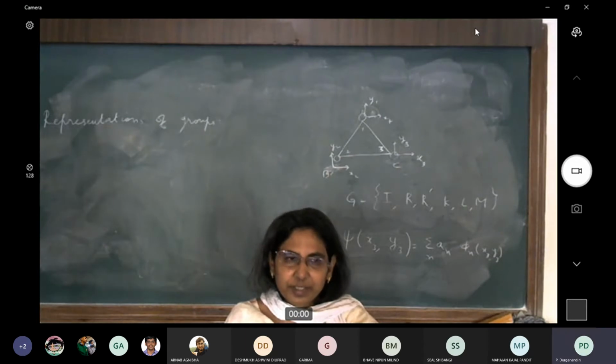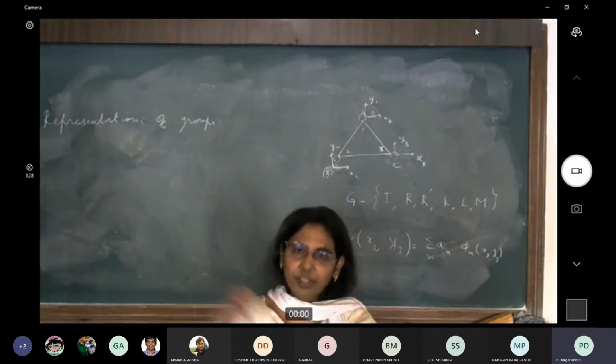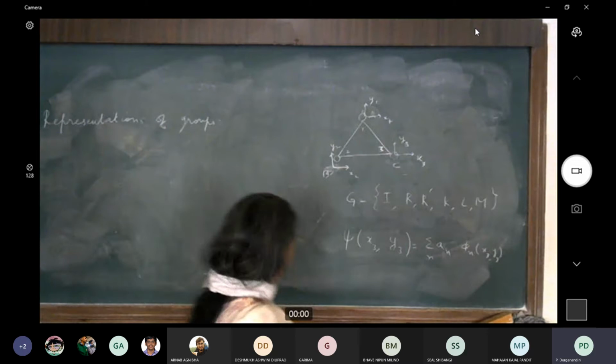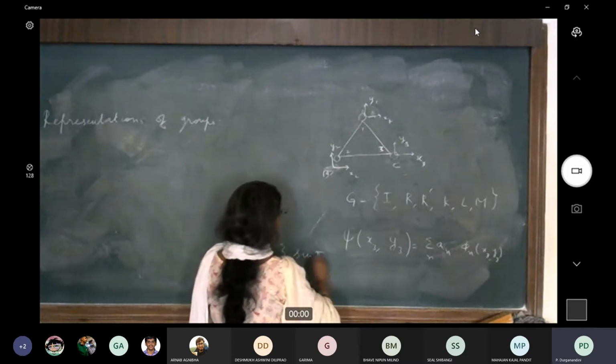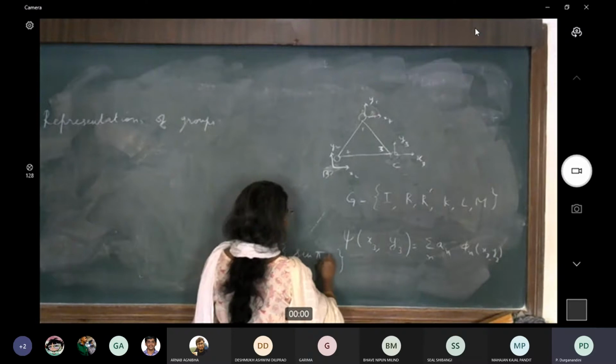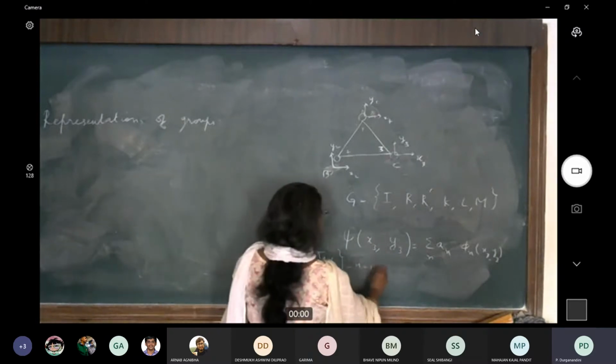You will get, for example, sine pi by L x times sine pi by L y, and then all possible combinations.